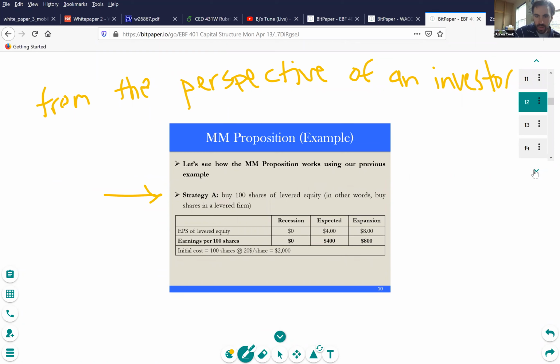So he buys 100 shares of levered equity. His potential returns are given by this top row, either $0 per share, $4 per share, or $8 per share.